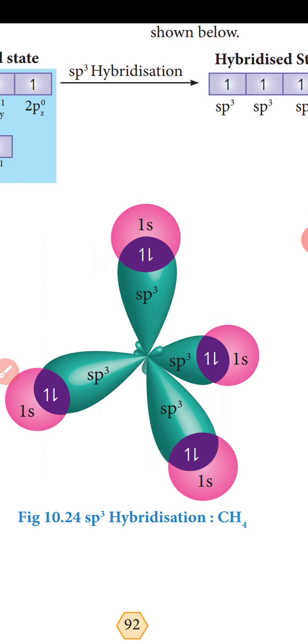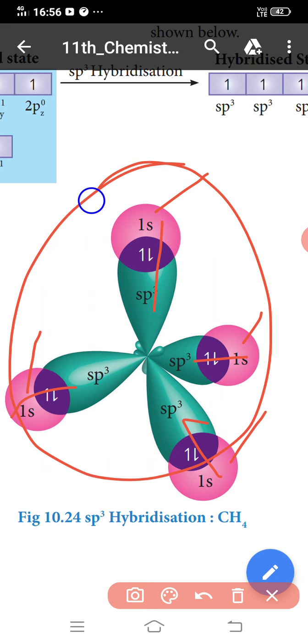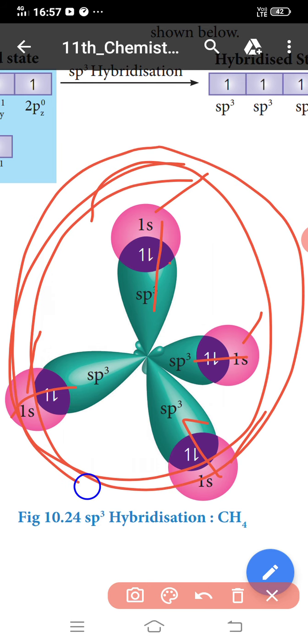The 1s orbitals of the 4 hydrogen atoms overlap linearly with the 4 sp3 hybrid orbitals of carbon to form 4 sigma bonds. There are 4 C-H sigma bonds in the methane molecule, as shown below. This is the sp3 hybridization of CH4.